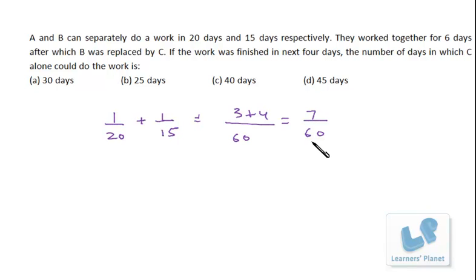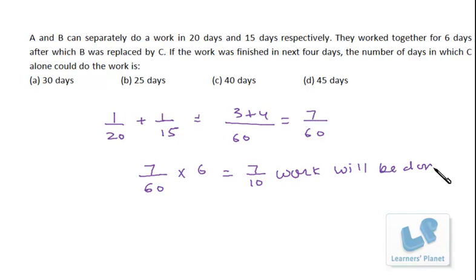So 7 by 60 is for 1 day, then in 6 days 7 by 10 work will be done. That means if A and B both work together, then in 6 days they will be doing 7 by 10 of the work.